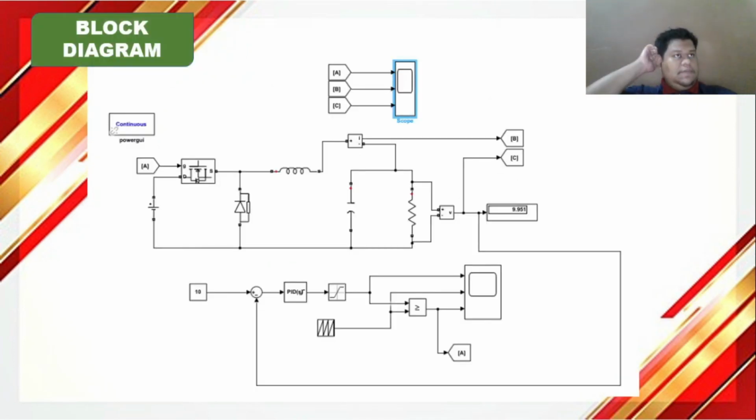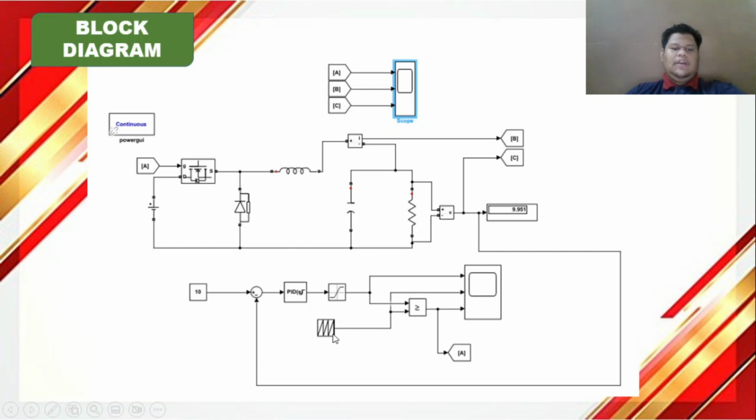So this is the block diagram that I used for the buck converter in the MATLAB simulator. Here we can see the power grid, the MOSFET, diode, inductance, capacitance. This is a load, resistance. We have a PID control, constant.